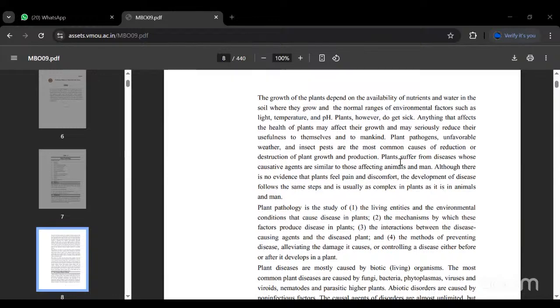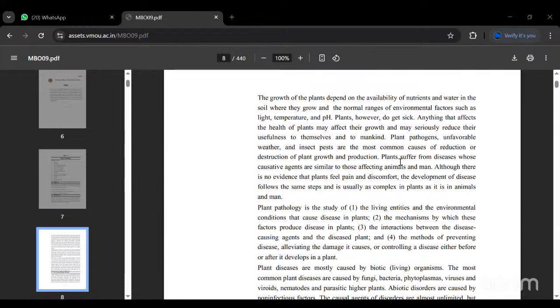Plant diseases are mostly caused by living organisms, meaning biotic factors. Both biotic and abiotic factors exist, but the living factors are the biotic factors.